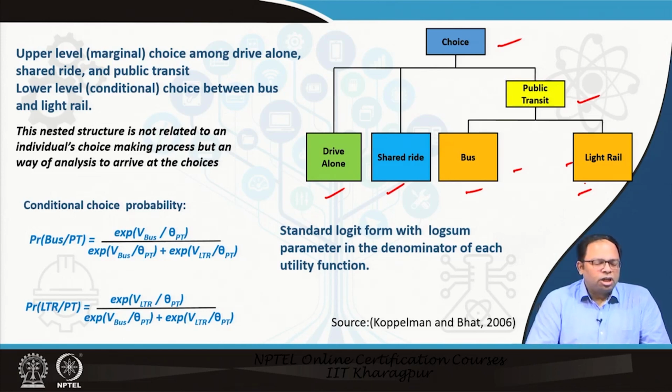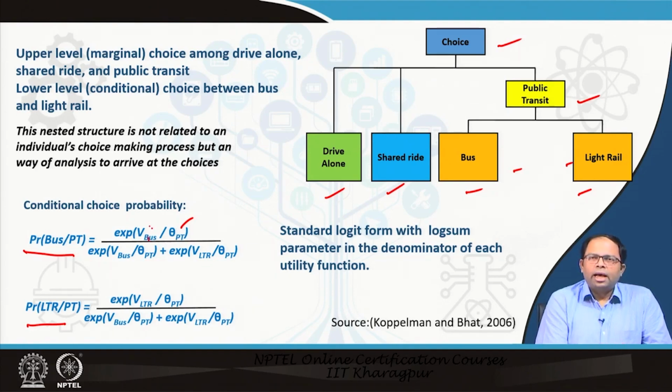So, conditional choice probabilities could be derived for bus and light rail, as we did in the earlier slides. We have shown the formula. The only difference with that particular formula is that we introduce a parameter, which we can call a scale parameter, theta pt, in all the utility equations.